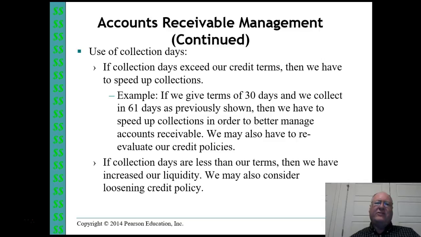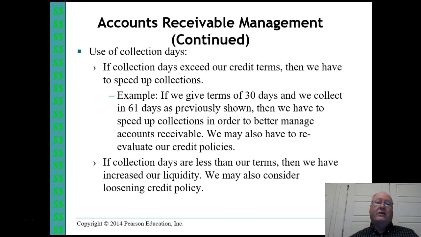We have to do things to do a better job of getting those collections. If we give terms of 30 days and we wind up collecting in 61 days, we have to better manage those accounts receivable, which means we need to reevaluate our credit policies, and maybe we are extending credit to people that we can no longer extend credit terms to because they're just not paying as often.